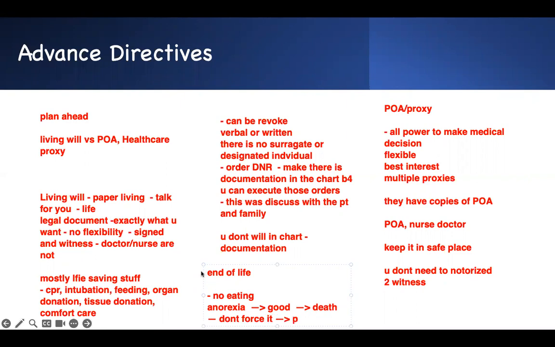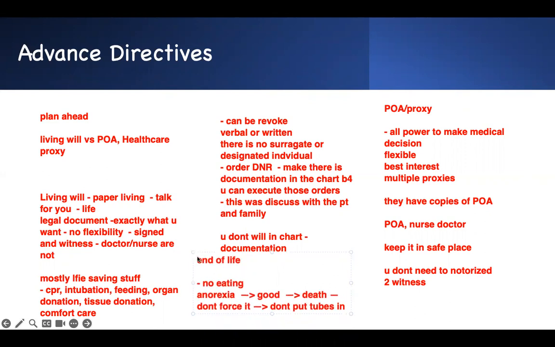Don't put tube feeds or a feeding tube in them to feed them. They're going to lose weight. It's okay. It's an adaptation to have anorexia in times of death, right?